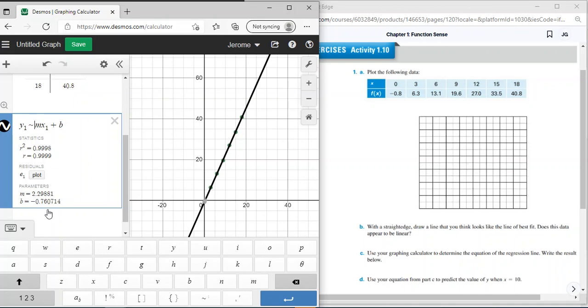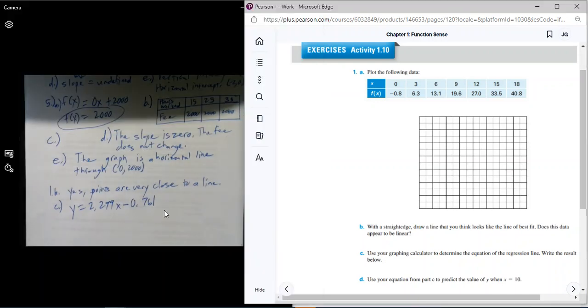It gives us our slope. It gives us our y-intercept. So this is what we would write. Now, of course, since we're doing this in function notation, based upon here we have f of x, we would change this y to an f of x, just to keep consistent with the problem.